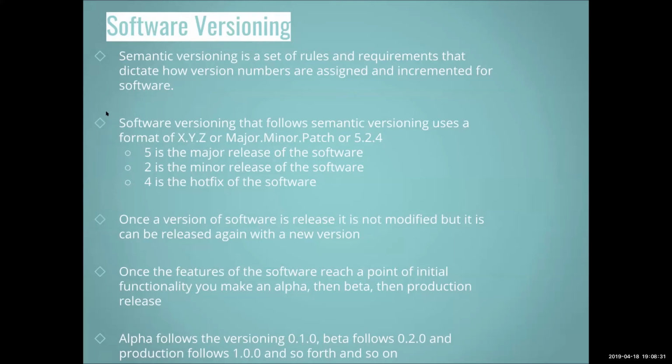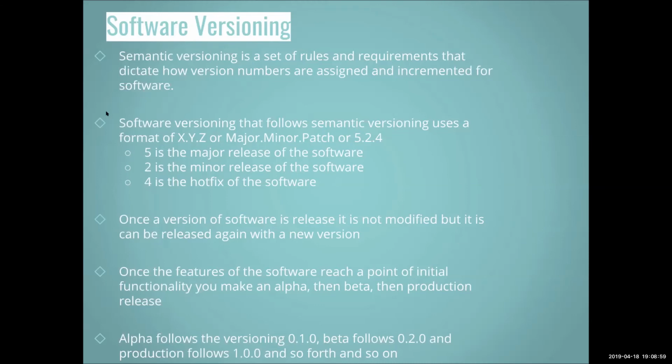Software versioning that follows semantic versioning uses a format of x.y.z, or major, minor, and patch version. An example here is the 5th major version, the 2nd minor iteration of the software, and the 4th patch, or 4th hotfix. Once a version of software is released, it is not modified, but it can be released again with a new version.